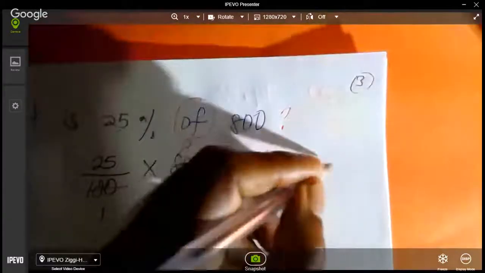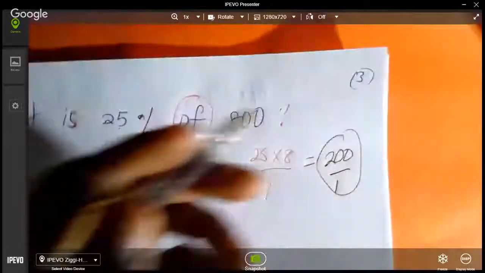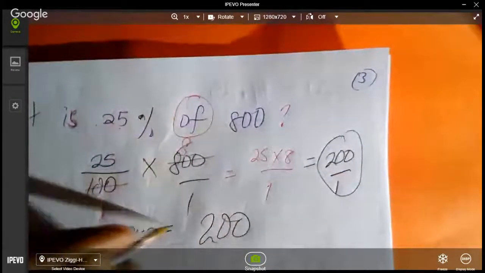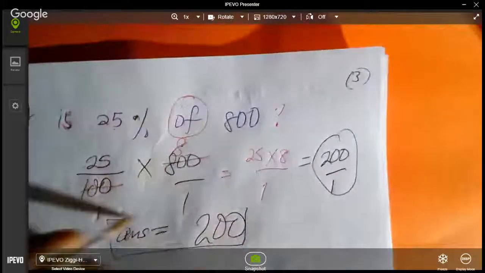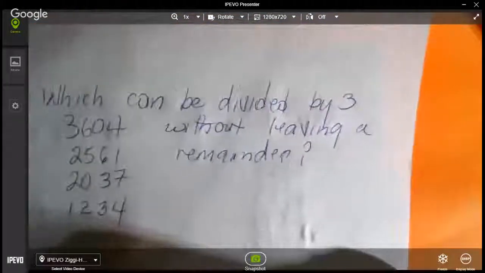The answer is 200 over 1, and any number divided by 1 remains the same. So our answer is equal to 200. Clear? Yes, sir. All right, let's move on.